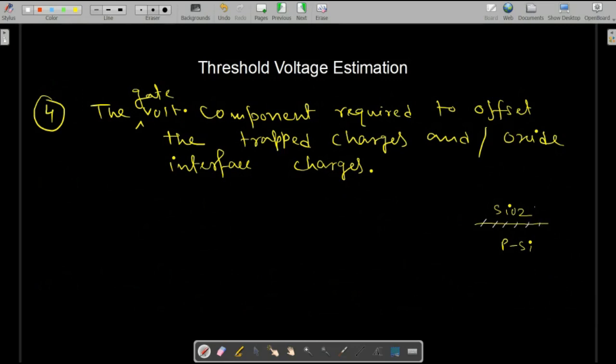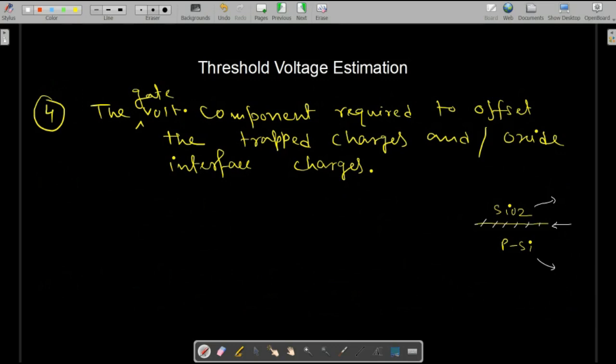Now see, SiO2 is a different material having different electrical and mechanical properties. Silicon is a different material having different electrical and mechanical properties. So SiO2 has different lattice parameters, meaning a different crystal structure, and silicon has a different crystal structure, atomic size, etc. So when they form the interface between the oxide and semiconductor, there is a mismatch in the crystal structure.